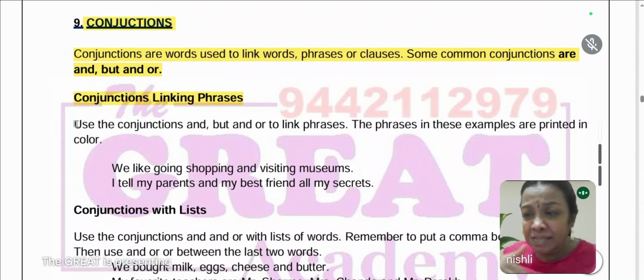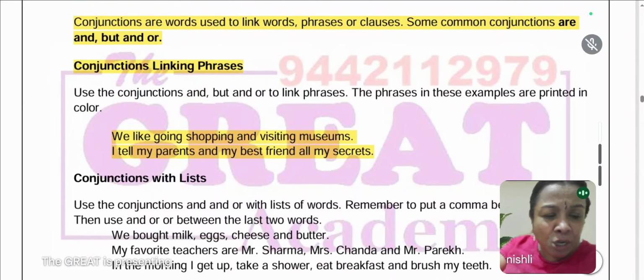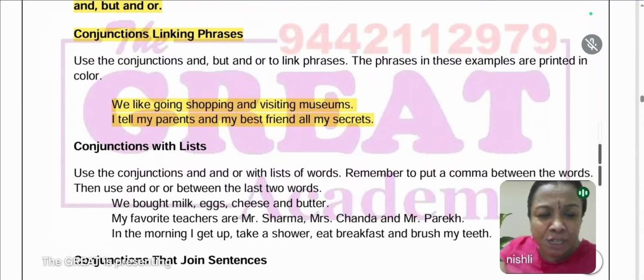We will see these conjunctions; they too are very important, because conjunctions are a very important lesson in grammar. We like going shopping and visiting museums. So and is used. There are two activities happening in the sentence, students: going shopping and visiting museums.